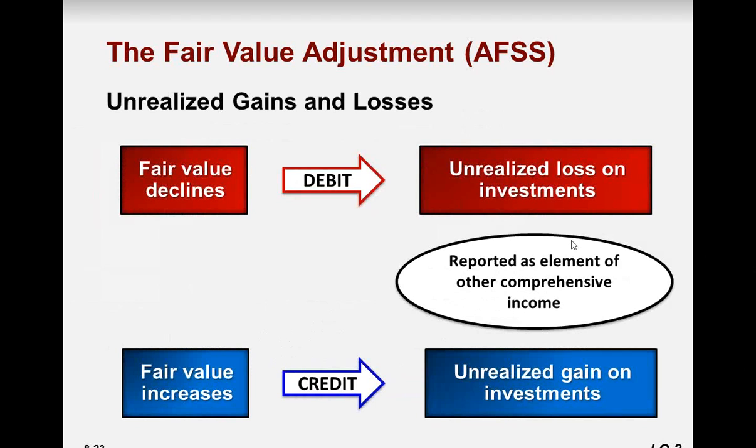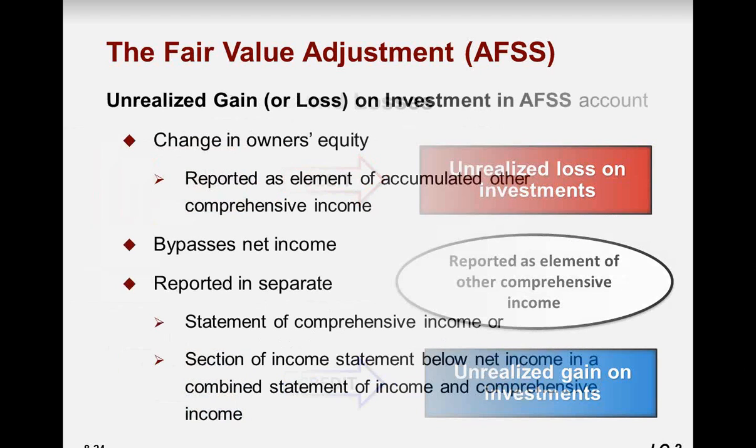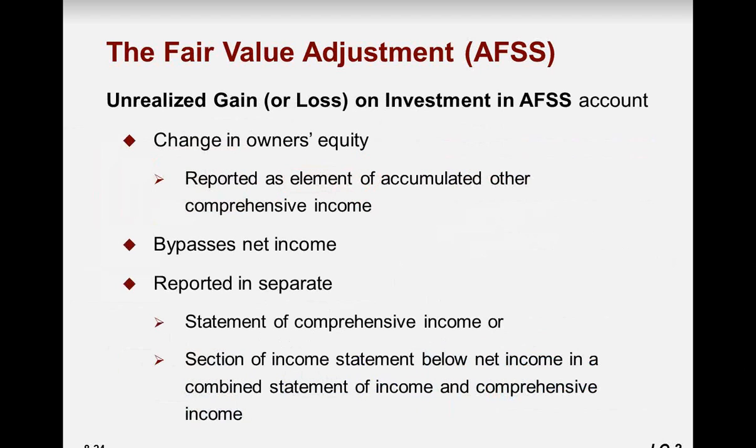And these unrealized gains and losses are reported on the income statement as other comprehensive income. So they're not reported above the net income line. It's an additional portion of your income statement below the net income. So unrealized gains or losses on investments cause a change in owner's equity.